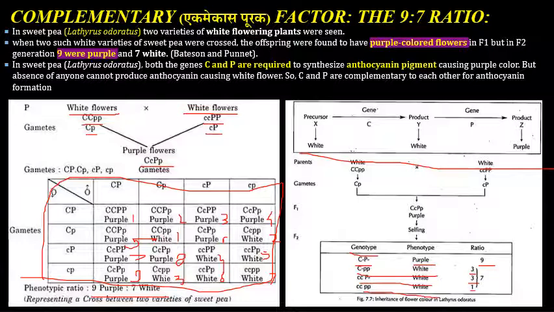So all these white flowered individuals total 7, that is 3 plus 3 plus 1.